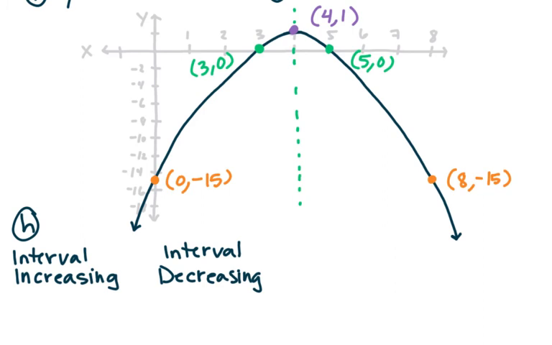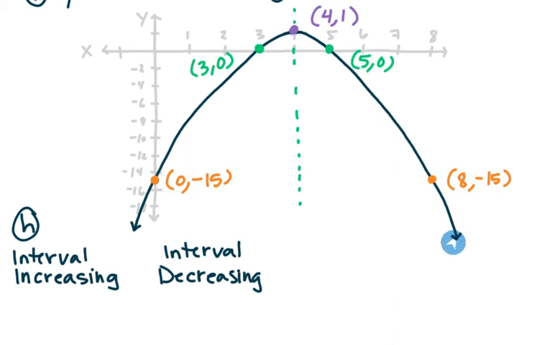So we have a couple more parts that we're going to look at, and this is really all review, again, taking previous knowledge and pulling this into our quadratic section. So let's talk about intervals of increasing or decreasing. Remember, we read a graph from left to right as it travels across the page. And as we read this, obviously it is increasing until the point where we reach the vertex, and then we turn around and we begin decreasing.